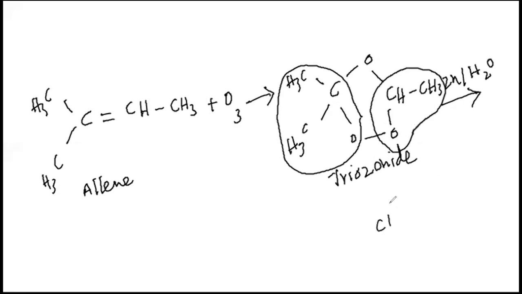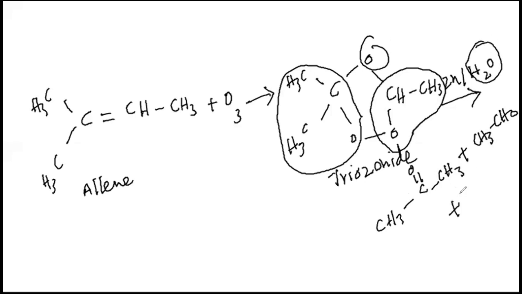That I can write as CH3 C double bond O CH3 plus CH3 CHO. Whatever hydrogen is there mixes with this, giving H2O2. We got one propanone and the other one is one ethanal. Both are in the same ratio, 1 mole only we got.